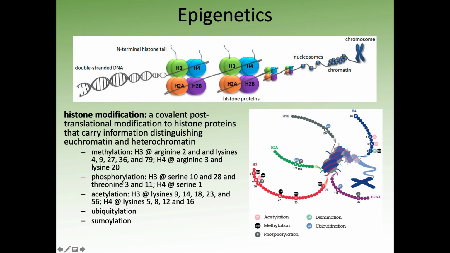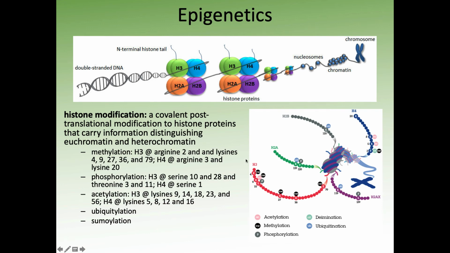A lot of them are happening to lysines, which is indicated by this K there. So methylation, phosphorylation, acetylation, ubiquitination, sumoylation, and how we identify these sites. So say it was acetylation at the K27 position, right?